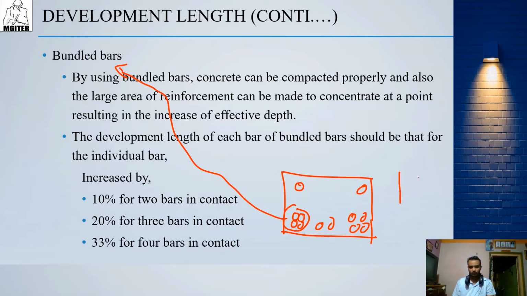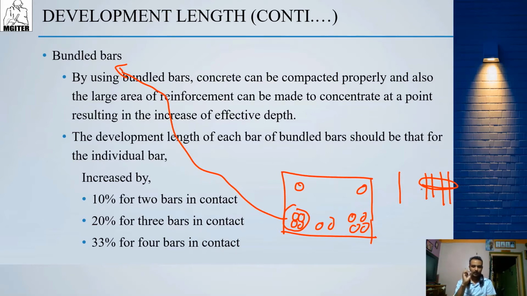Imagine you have one pencil here, and you have four pencils. The one pencil we call a pencil, but when we tie up these four pencils by a rope, we call this a bundle. Bundle of pencils. Same phenomenon is here.